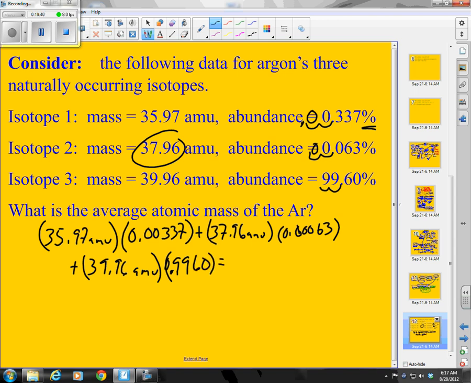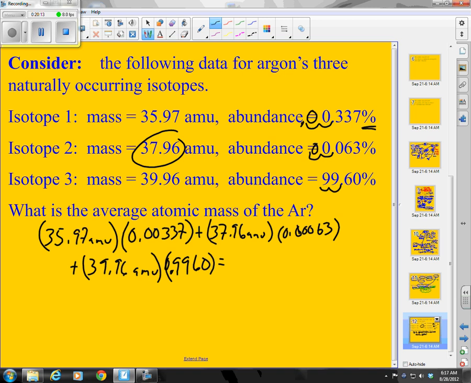And let's run some numbers here. So I hope I have better luck with my calculator this time. 35.97 times 0.00337 plus 37.96 times 0.12363 plus 39.96 times 0.9960, and I get 39.94.